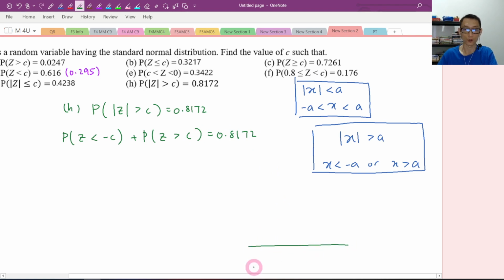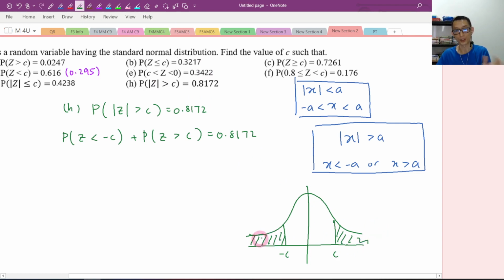Okay, sketch the diagram as usual so that it is easier for us. Oh, let me redo it again. So negative c is over here. We want this or this. So one is less than negative c and one is greater than c. We want both. But this part is exactly the same as this one, right? So I'm going to write 2 times this.